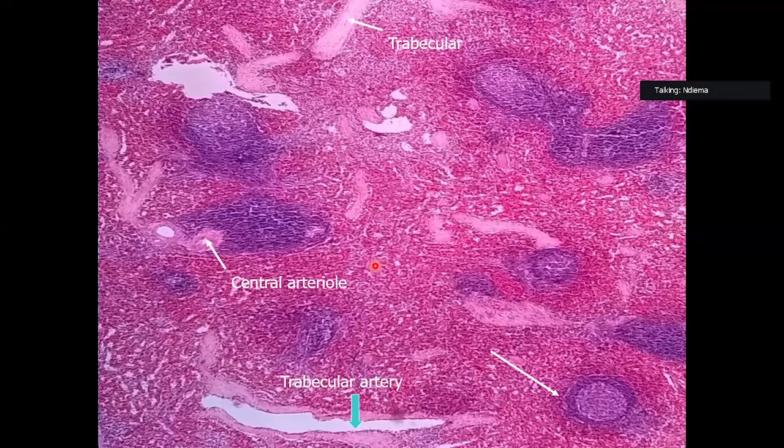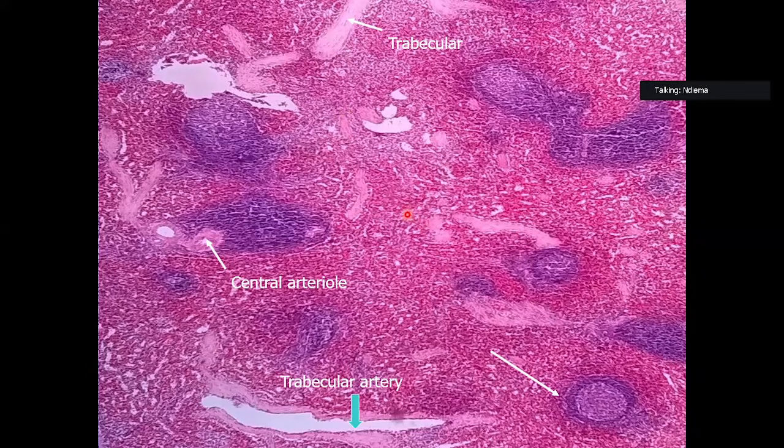That's why we consider the spleen as a reservoir. This capsule penetrates into the organ as trabeculae, consisting of fibrous connective tissue and smooth muscle. That divides the spleen into lobules, and the individual cells of the spleen are then supported by reticular fibers.